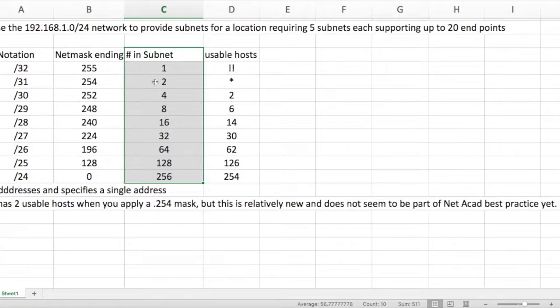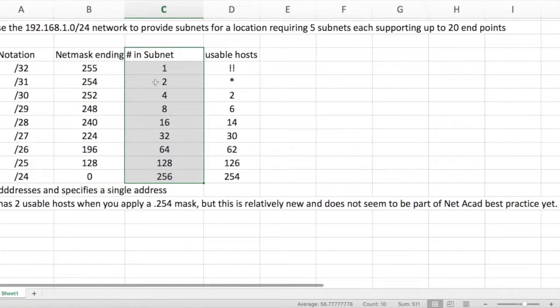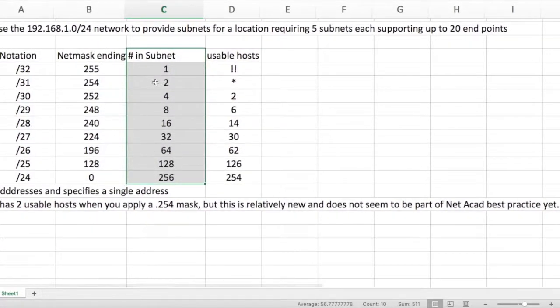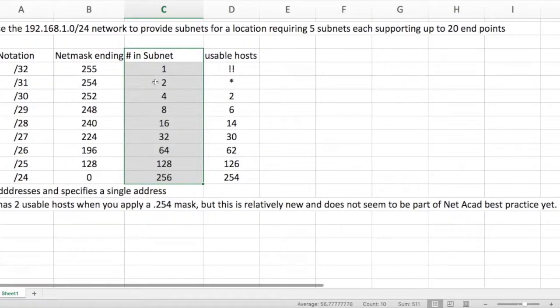So 254 from 256, I've got 2. In practice, this gives us 2 usable hosts, but this is in Cisco Networking Academy terms apparently a relatively new phenomenon, and they still keep us to using the /30. So for our purposes right now, we'll just ignore /31.